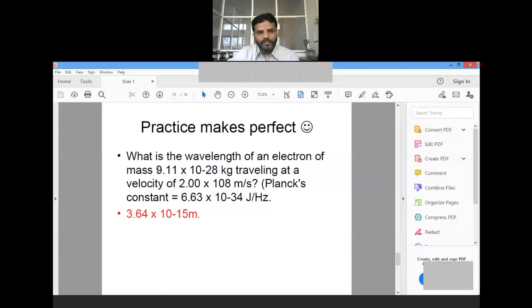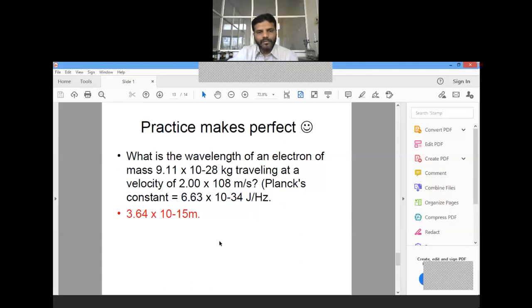Lambda is equal to h upon mv. Keep the value of m as 9.11 into 10 to the power minus 28. Then h is Planck's constant, which is given as 6.63 into 10 to the power minus 34 joule per hertz.